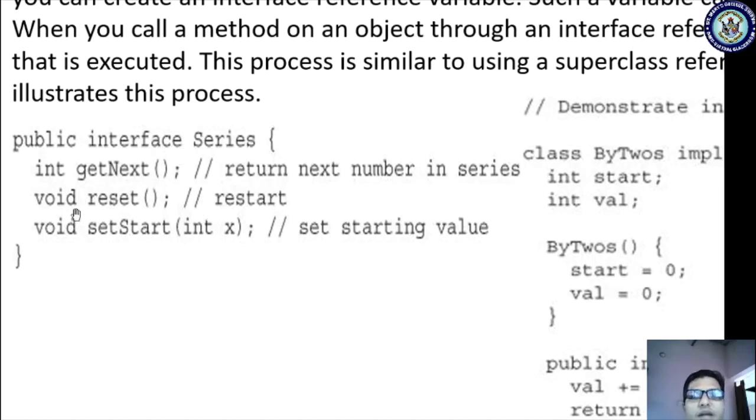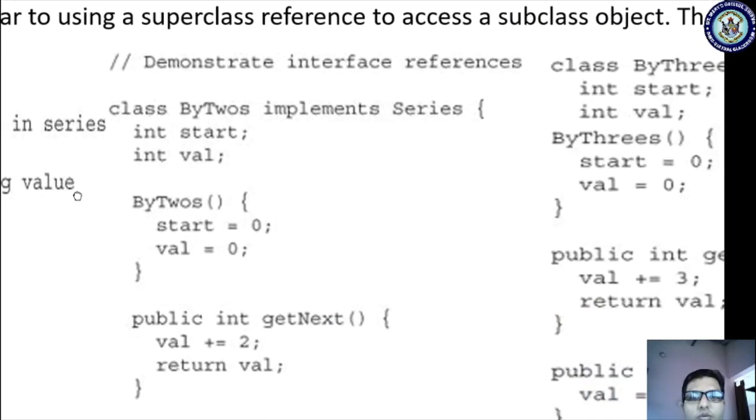Here the interface ends. Now I'm constructing the class. The name of the class is ByTwos, and now I'm writing the keyword implements. What is the purpose of implements? Suppose a class wants to inherit the features of an interface, then we have to use the keyword implements.